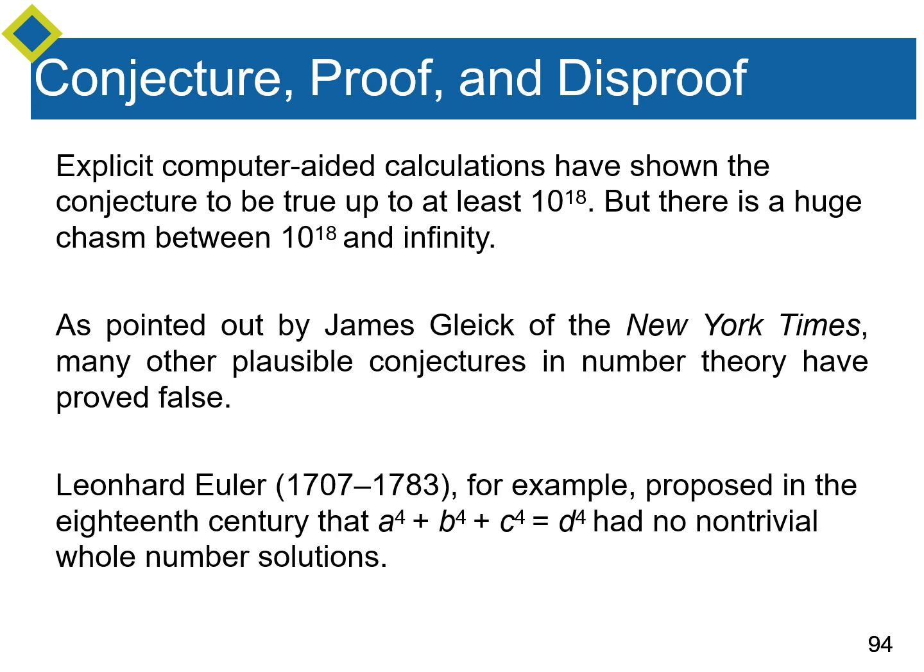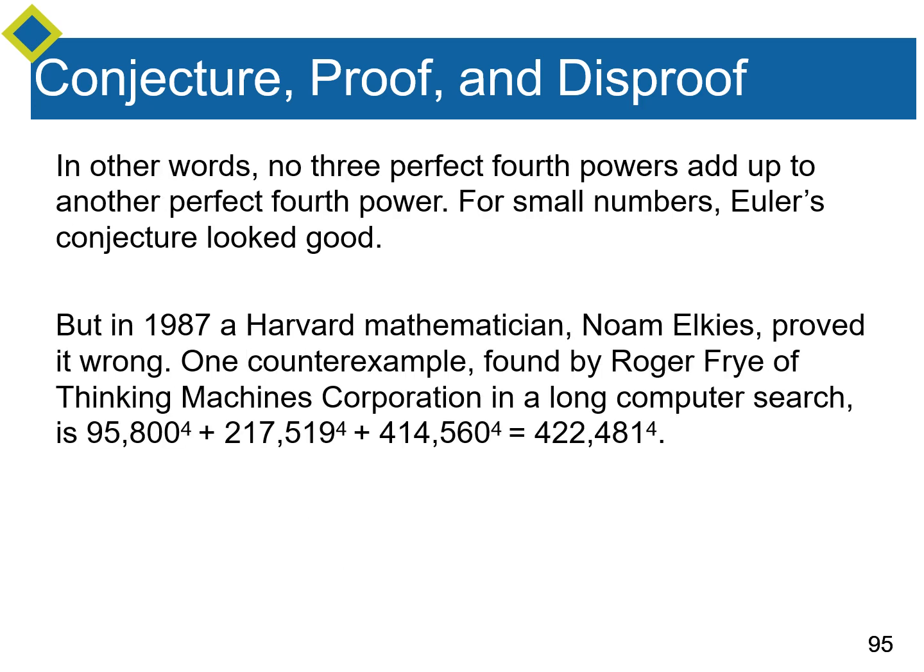For example, Euler proposed in the 18th century that a to the power of 4 plus b to the power of 4 plus c to the power of 4 equals d to the power of 4 has no non-trivial whole number solution. Okay, in other words, no three perfect fourth powers add up to another perfect fourth power. Okay, this is an example of a proven conjecture.